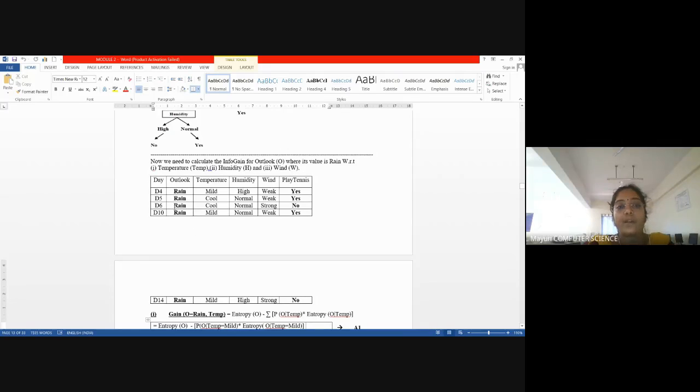So for rain outlook, temperature will not be chosen, because for temperature mild, one is S and one is no. It is still not fully classified, so temperature does not help. Looking at cool, again one is S, one is no. So I don't take temperature into consideration. Then take humidity. One high value is S, one more high value is no. Still a dilemma, equally classified. How do I say whether the class is S or no?